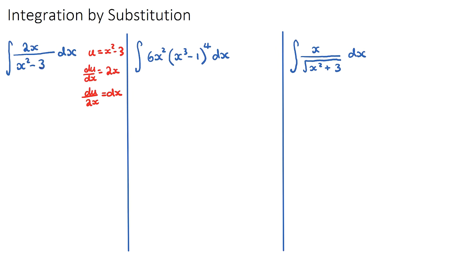Okay, so we've identified the parent, we let that equal u, we derived it, and then we made dx the subject. Then we go back to our question, and we rewrite our integral, and we always put a divided by sign. I'm just going to write 2x in, and what I'm going to do is replace my parent function, x squared minus 3, with the letter u. I've substituted u in. Integration by substitution.